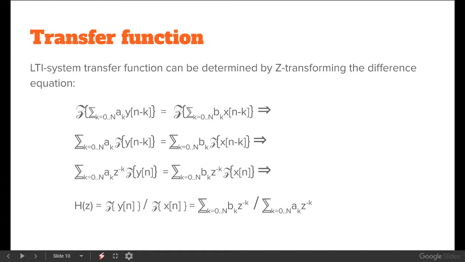Meaning, think of the difference equation: sum of a_k y[n-k] equals sum of b_k x[n-k]. Oh, by the way, the block diagram for this kind of system would look like, let's go.